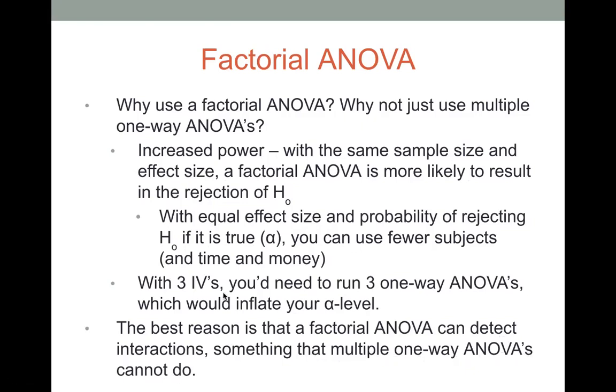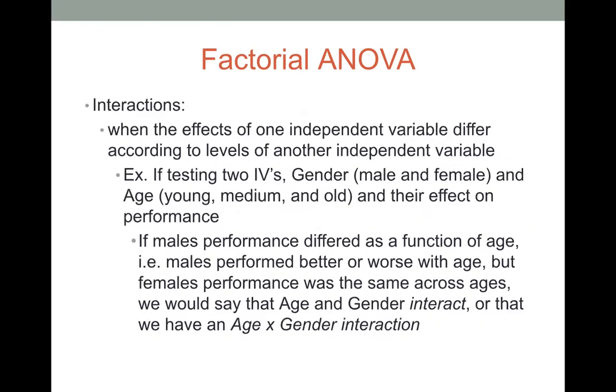The factorial ANOVA is better than multiple one-way ANOVAs because it can help you understand whether there is an interaction effect or not. The interaction is usually the first thing we look at: the interaction between the independent variables and the dependent variable, the different levels of independent variables.